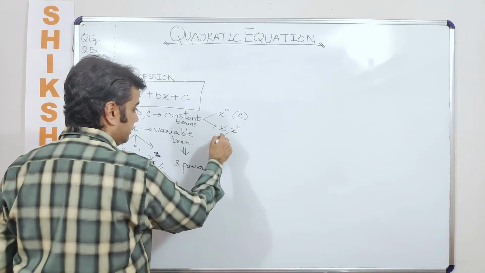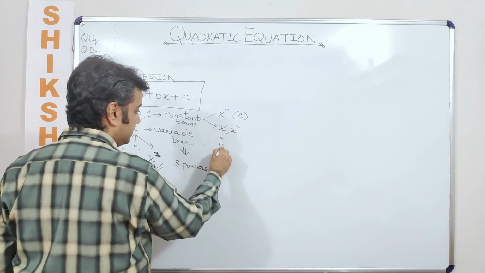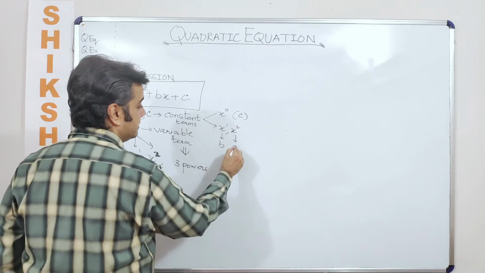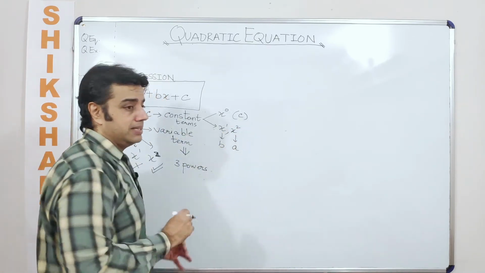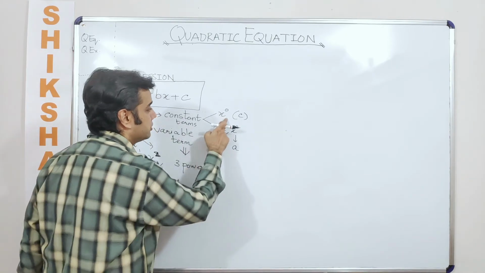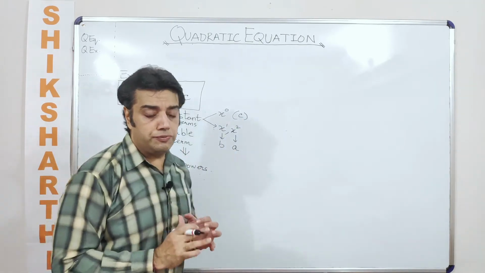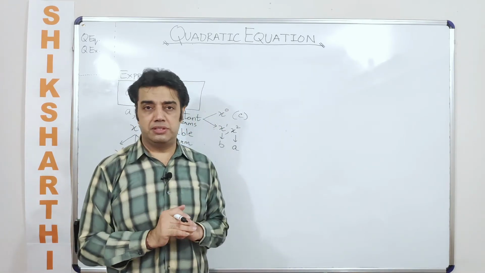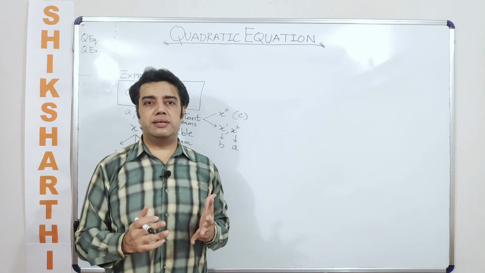The constant term which comes with x to the power 1 is b, and the constant term which is associated with x square is a. The technical term used for these constant terms is coefficients. So the coefficients will always be termed as the constant terms, and these constant terms are numbers.